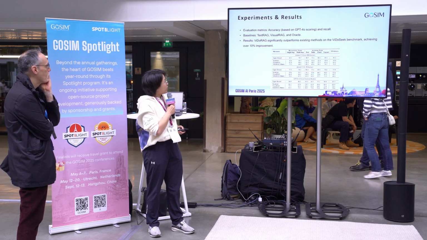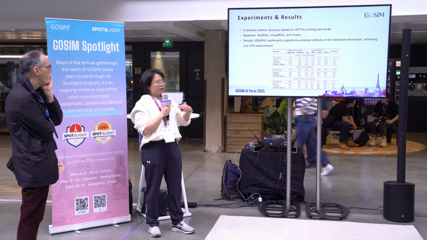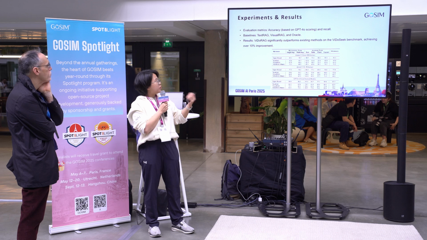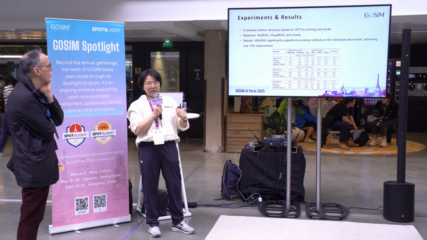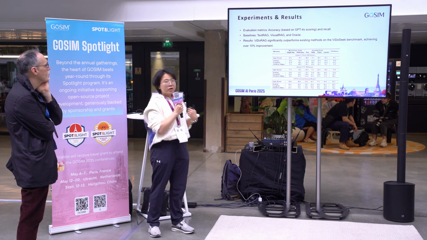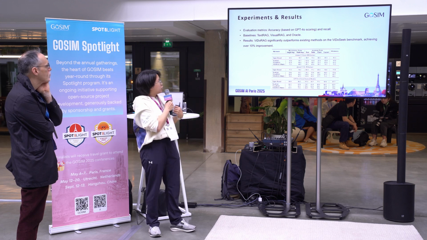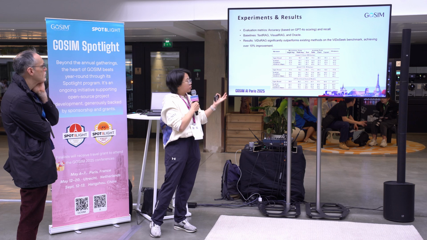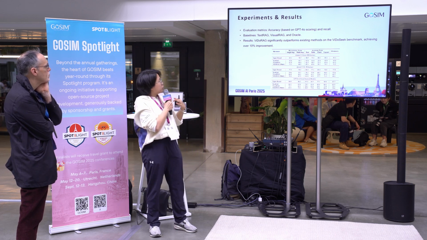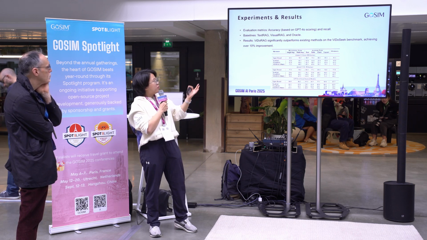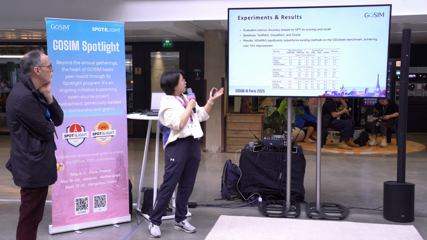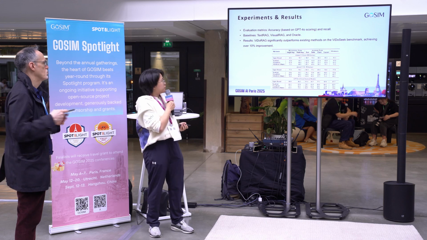Okay, so let's take a look at the final results. We use accuracy and recall as our evaluation metrics, and we compare our ViDoRAG to TextRAG and VisualRAG. The results show that our ViDoRAG outperforms the existing methods by around 10% improvement.